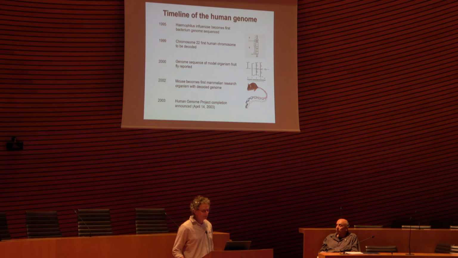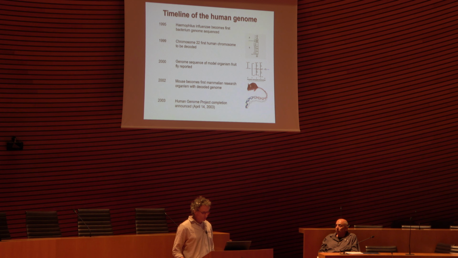After that came Drosophila and the mouse genome, and eventually the first version of the human genome in 2001, but the completion of the Human Genome Project was announced in 2003.